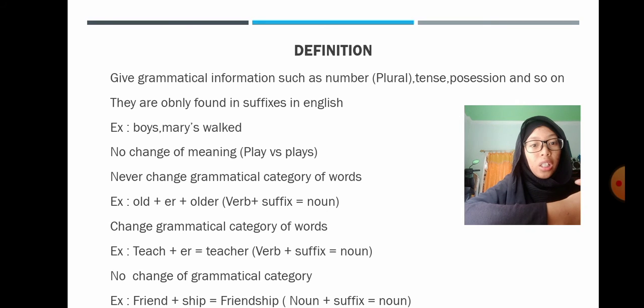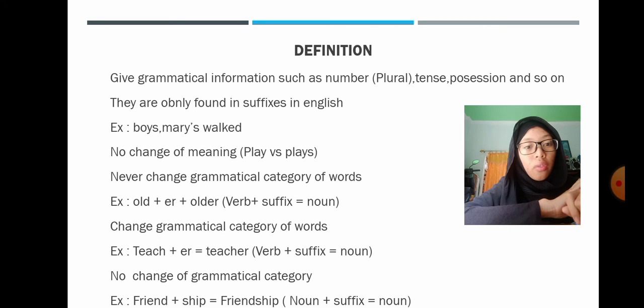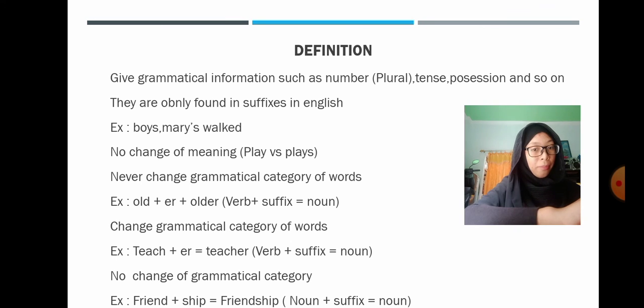For example, teach plus er can be teacher, where the category is verb plus suffix becoming a noun. And for the last, no change of grammatical category. For example, friend plus ship can be friendship, and the category is noun plus suffix still being noun.